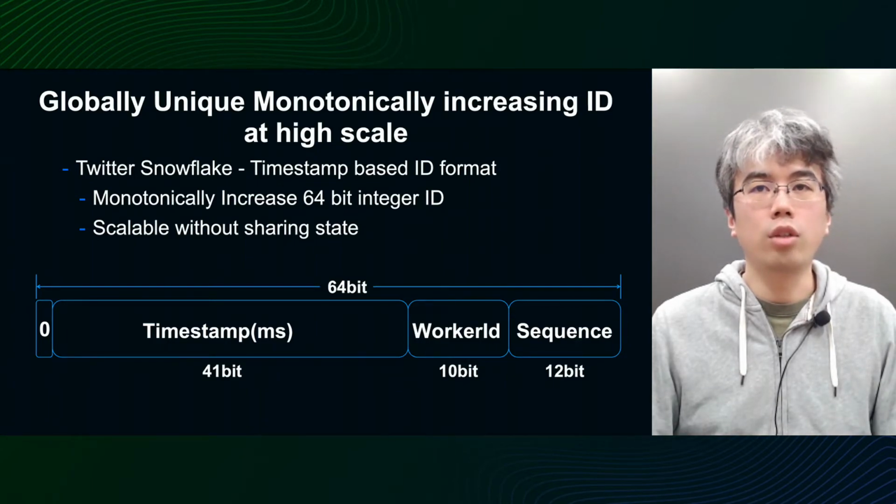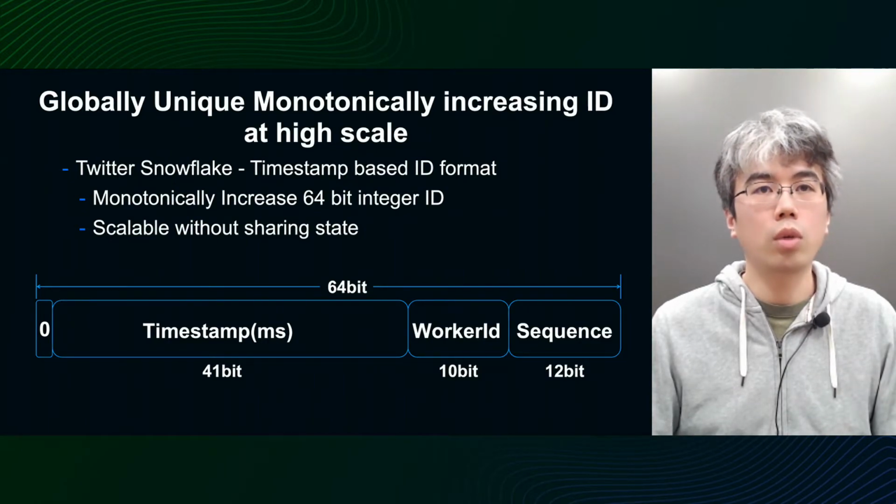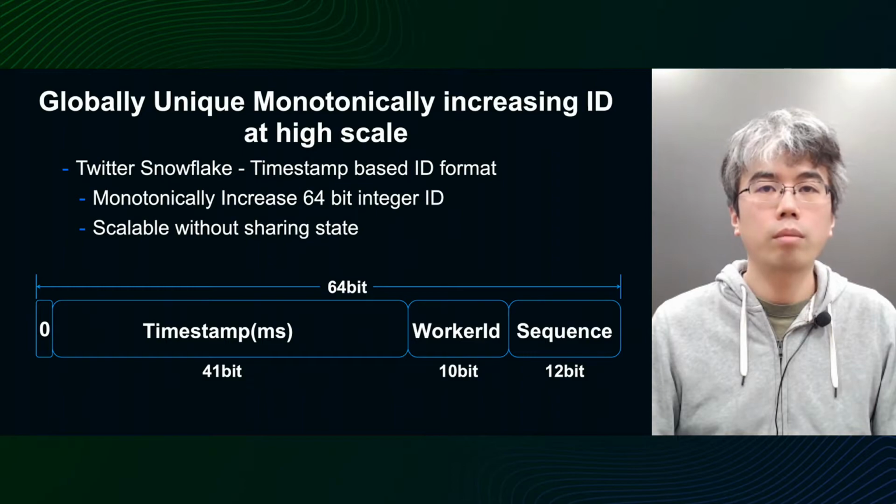After a lot of experimentation and research to find a scalable way to generate globally unique and monotonically increasing IDs with 64-bit integers, we came to a conclusion to use the Snowflake ID format used by Twitter as tweet ID. In the ID format called Snowflake, this consists of 3 components.